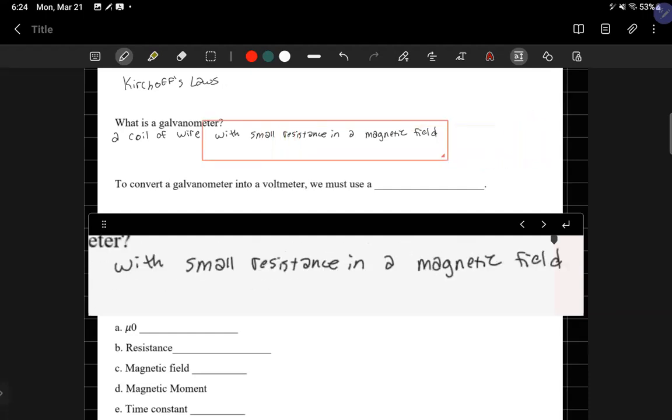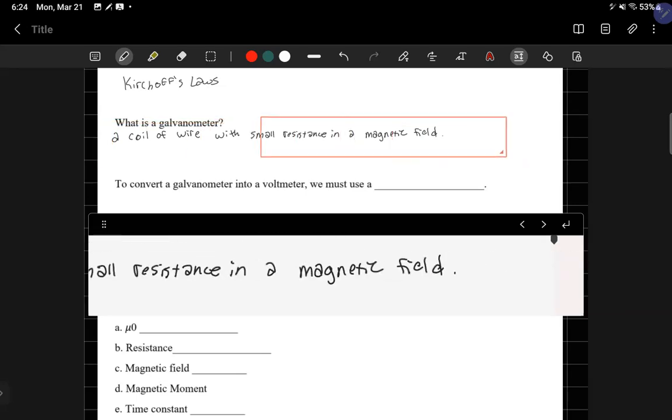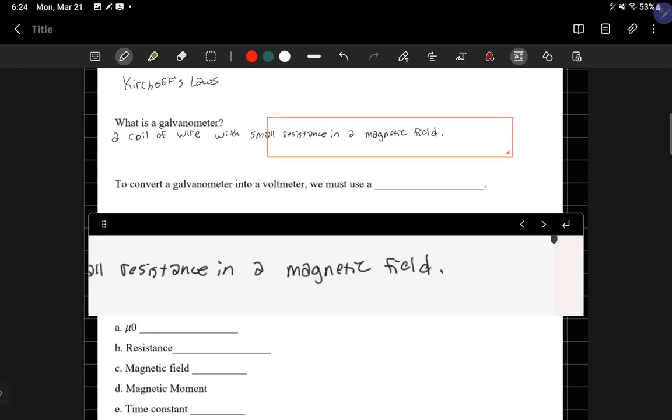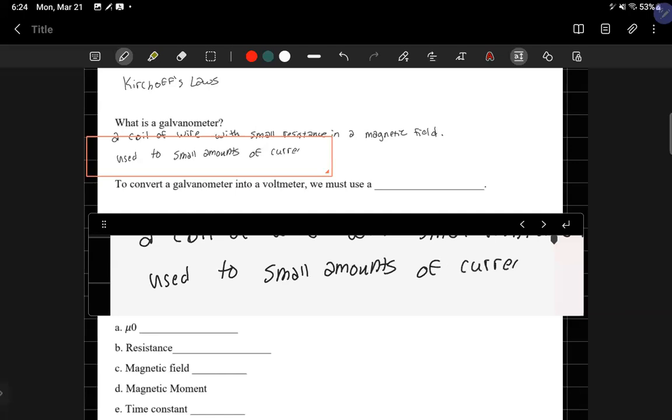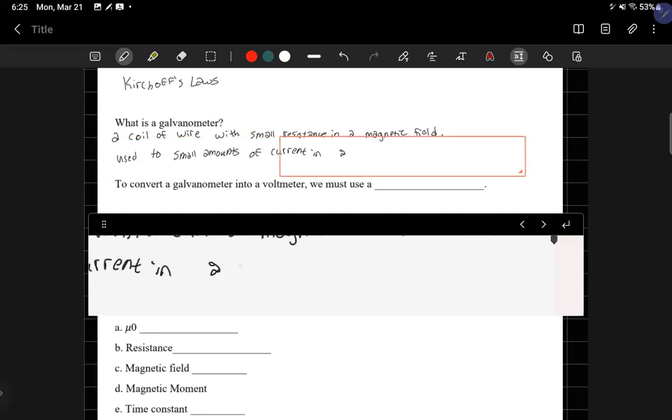And then, I guess you can write what it's used for. So used to measure current or small amounts of current in a circuit. I apologize for the penmanship.